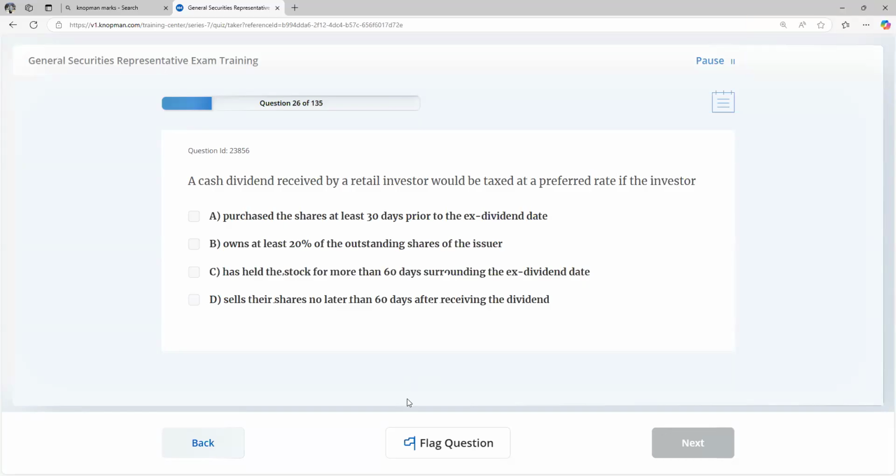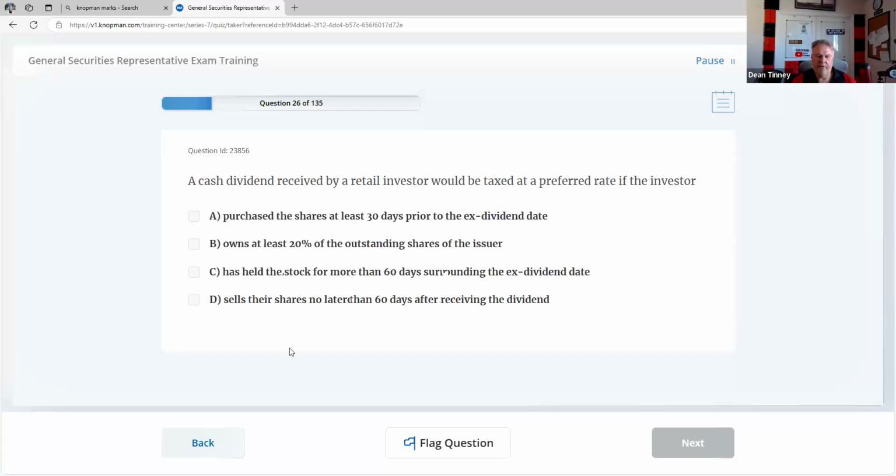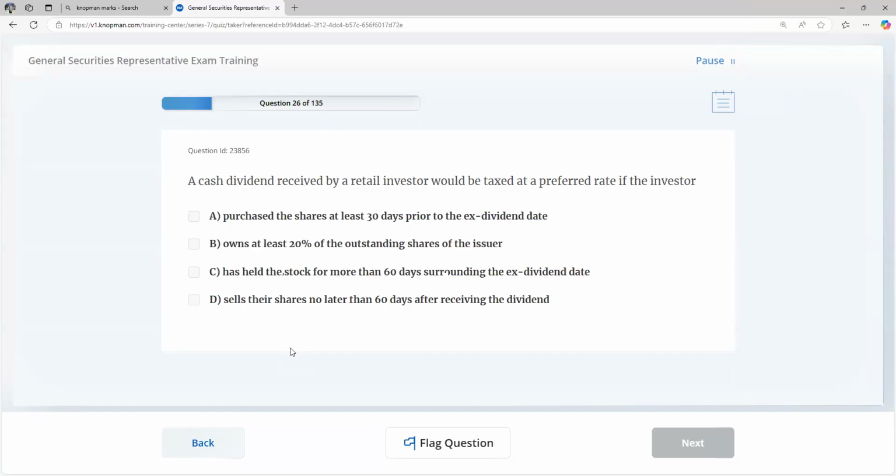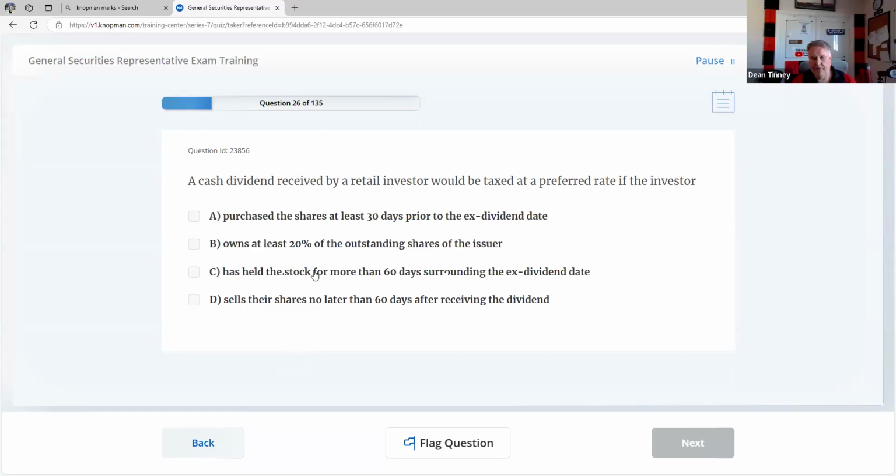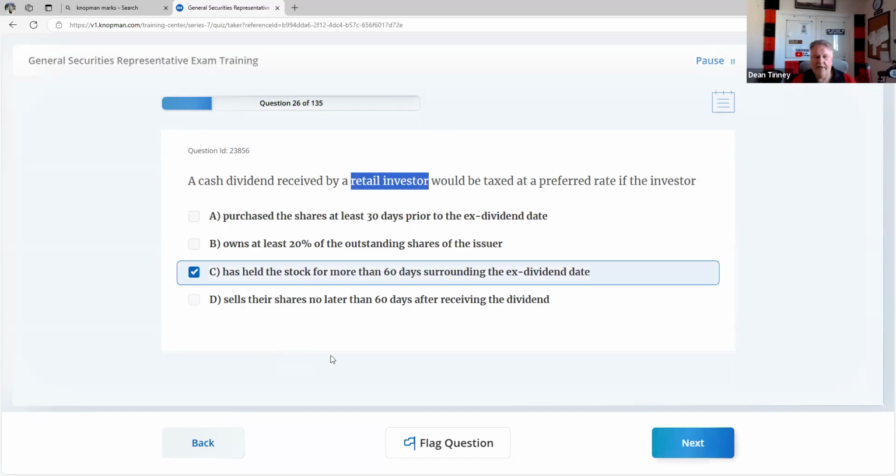The investor has held stock for more than 60 days surrounding the ex-date, sells their shares no later than 60 days. I'm kind of gravitating towards A. I think it's a difficult question because they're asking about a qualified dividend. If a corporation owned more than 20%, it would be 20%, but it says retail. I think it's going to be the 60 days, because it's 60 to 90 from the record date. But the only thing I have that's close is the ex-date, so I'll take that. Are you taking A?